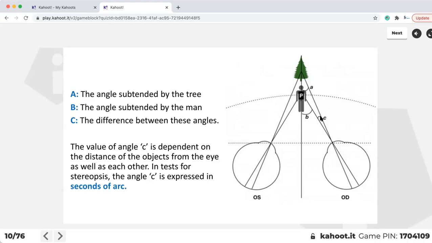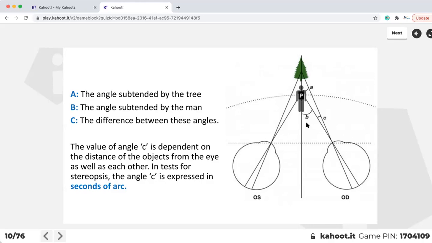The narrower this angle, the better the stereopsis. That's why we say the normal stereopsis is 60. If it is less, it will be better. This patient or this man could have higher stereopsis.